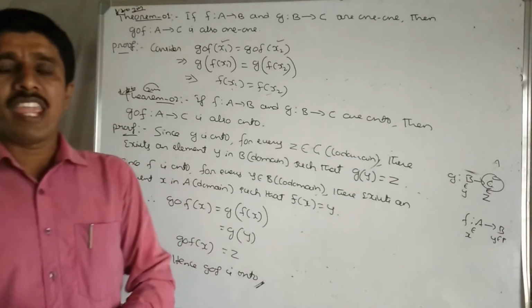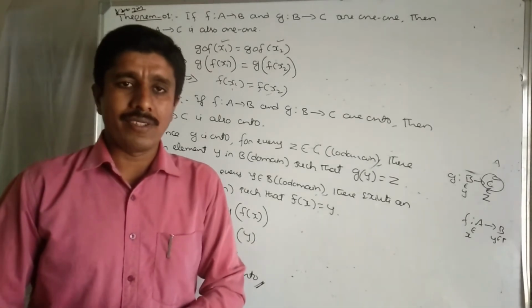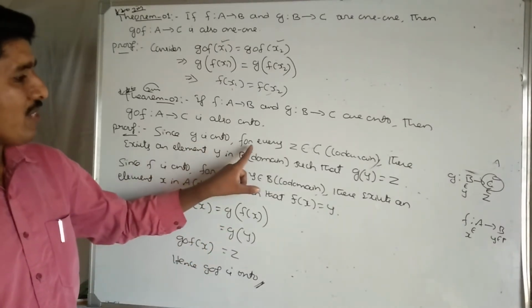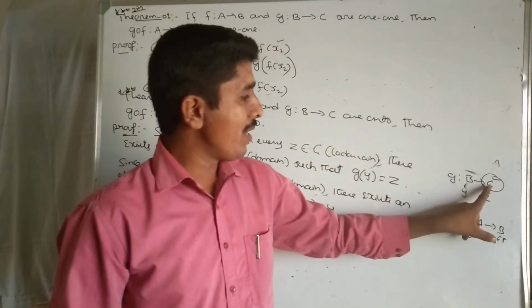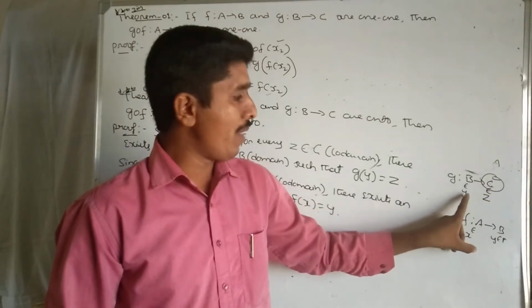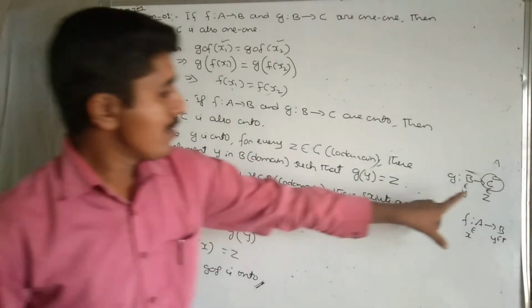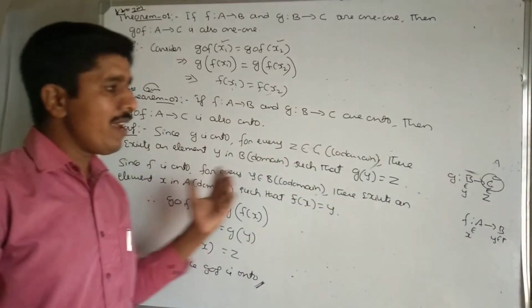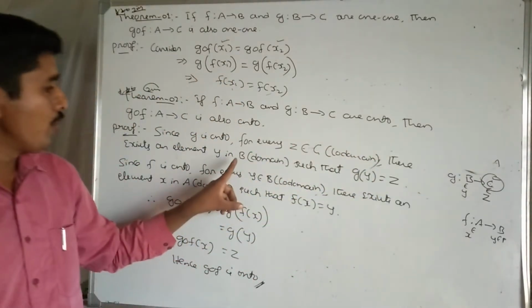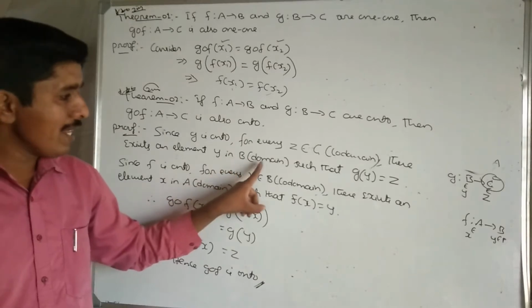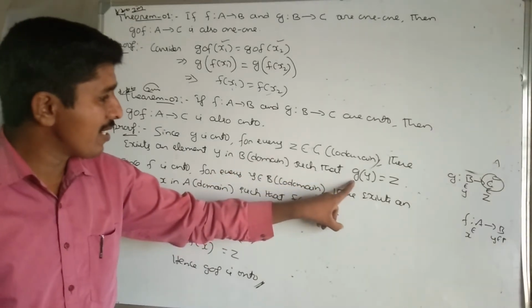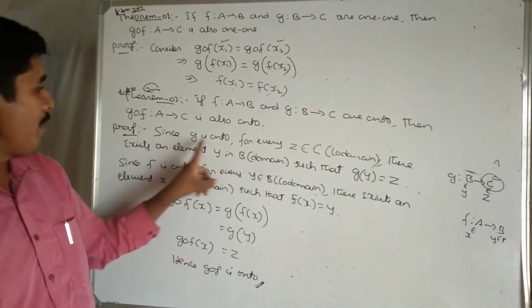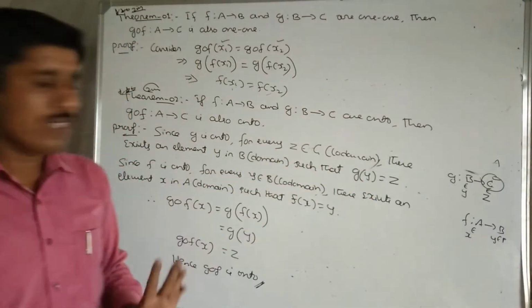So, given that f and g are onto functions, mind it. First, if g is onto, you write the definition. I am taking an arbitrary element z in the codomain and y in the domain. For every z belongs to C, there exists a pre-image element y in B such that g of y equals z.